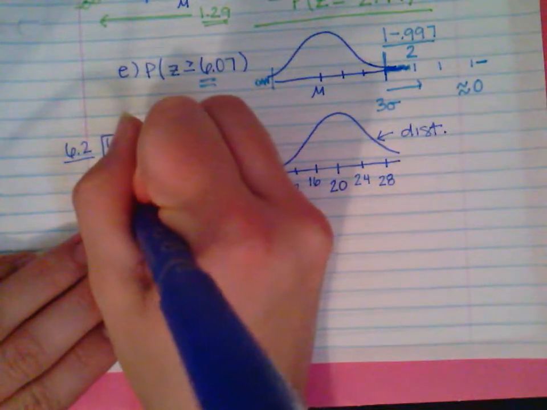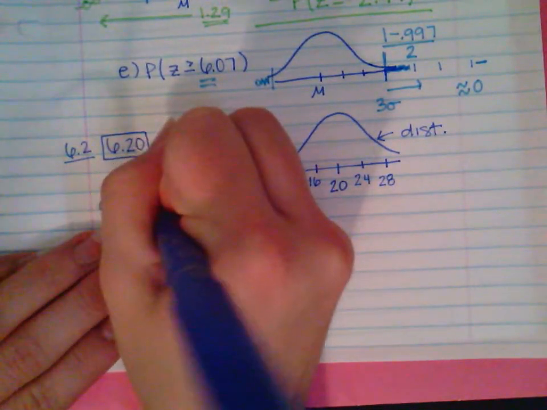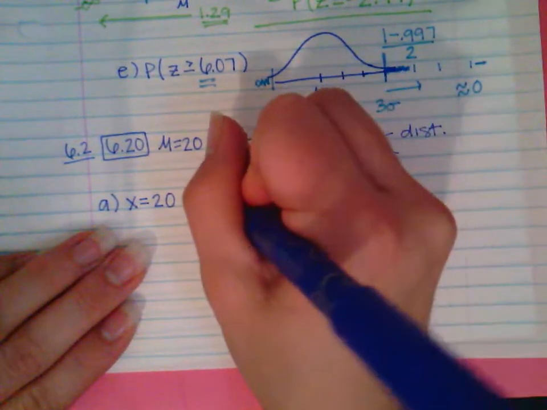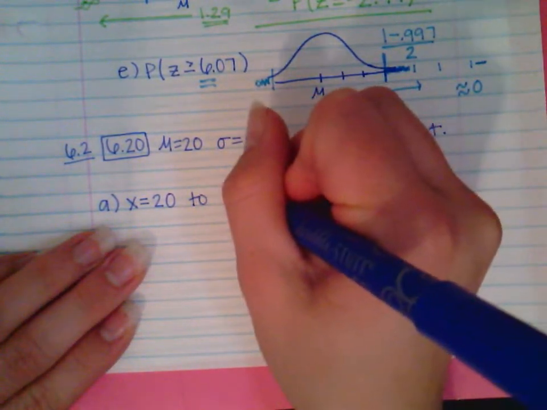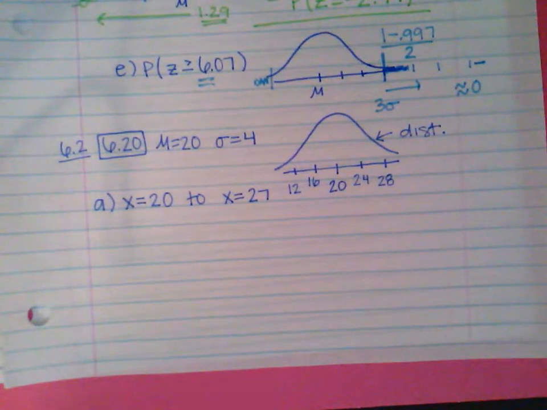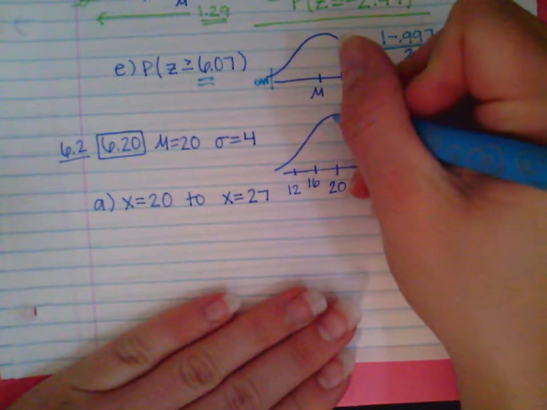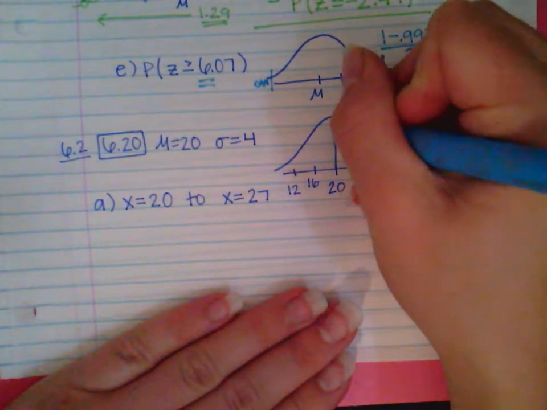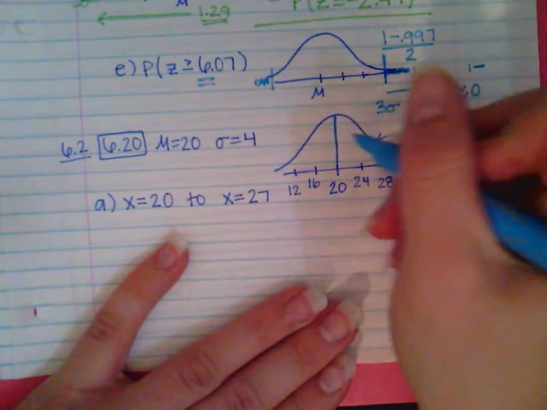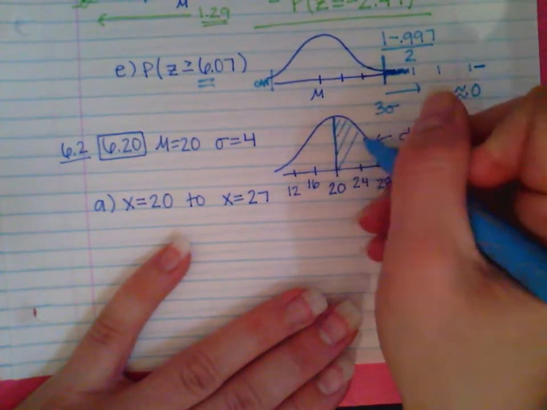So I want to know what's the probability that I am between x equals 20 and x equals 27. On my distribution, I'm starting at x equals 20, right here at the mean, and 27 is going to be right here by 28, and this is the probability I'd want to find.